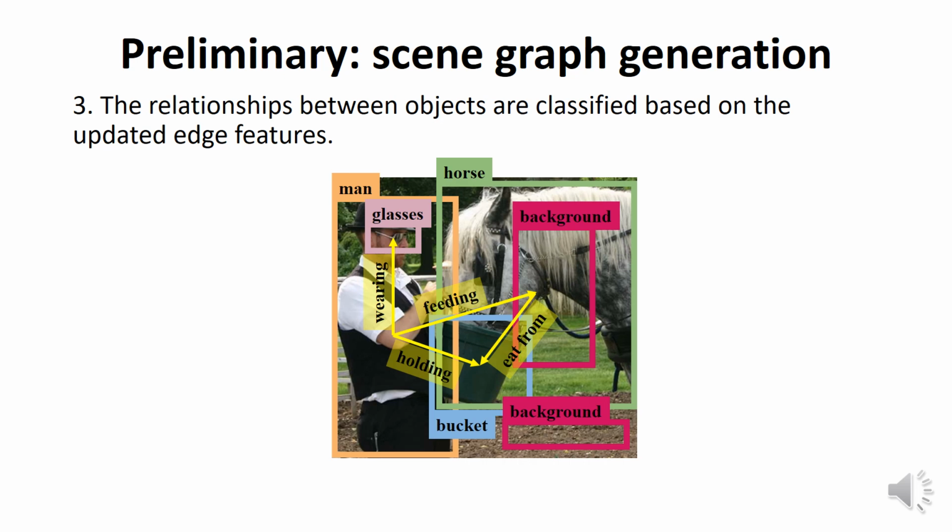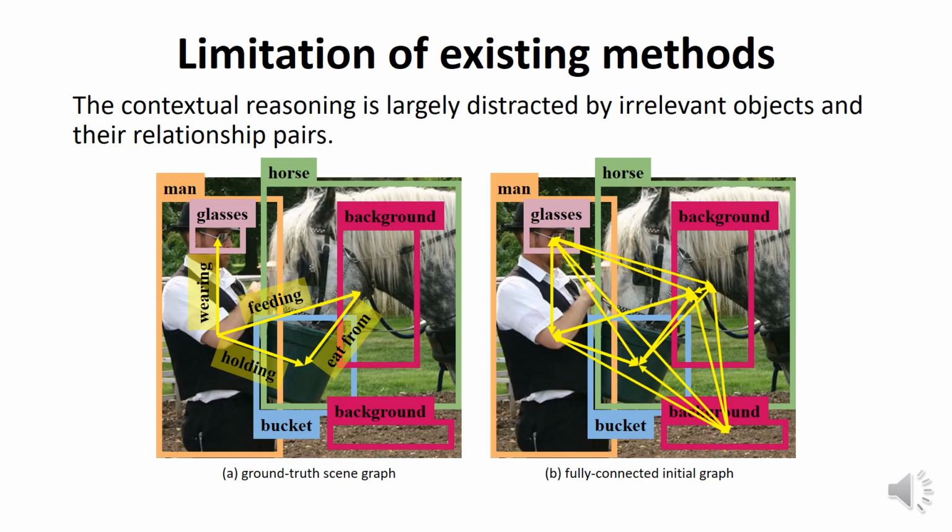This simple framework is very powerful and effective to construct a scene graph, but there are some limitations. First, the contextual reasoning through the fully connected initial graphs is largely distracted by irrelevant objects and their relationship pairs. Here is an example where four objects and four relations in its ground truth scene graph exist in the given image.